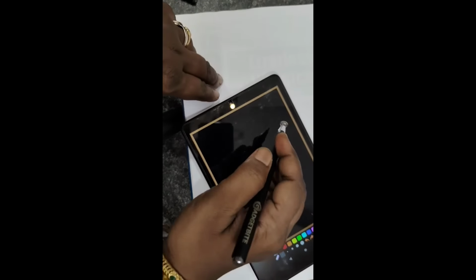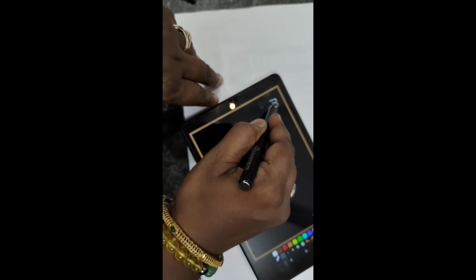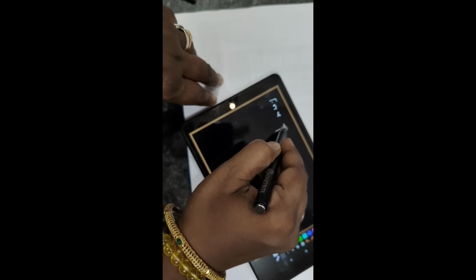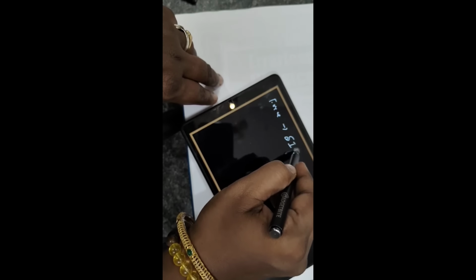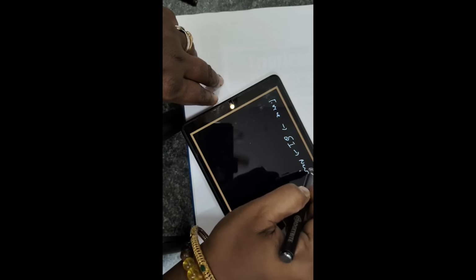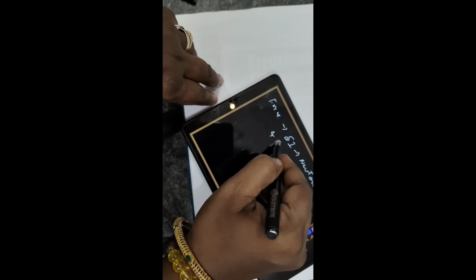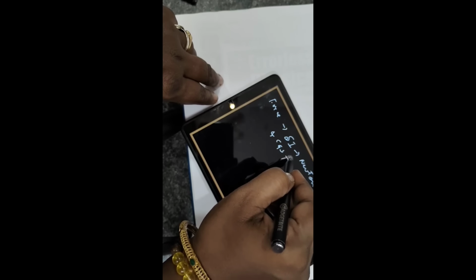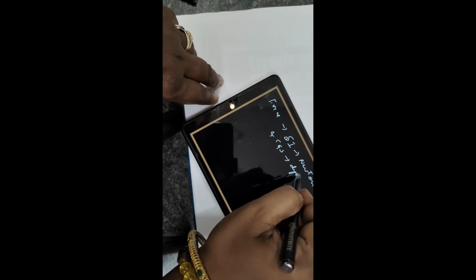So let us take force as an example. In the SI system, force is taken in terms of Newton, and in CGS as dyne.